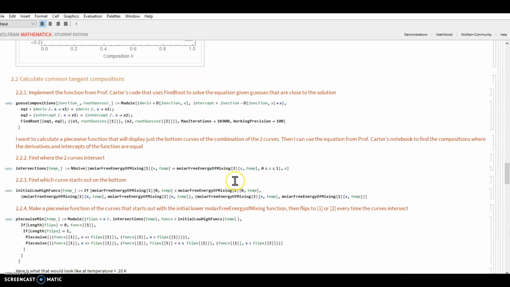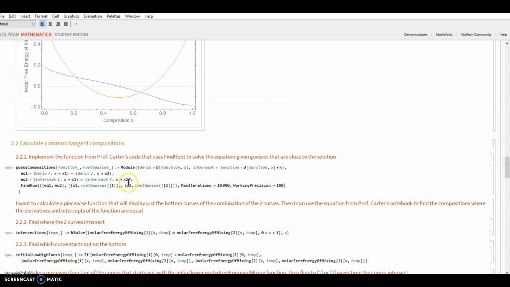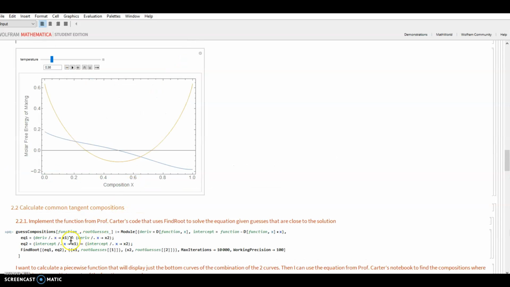So the interesting part of this problem is calculating the common tangent constructions. We can do this given some code inspired by Professor Carter's code, which takes in a function and finds 2 points on this function where the derivatives are equal and the y-intercepts of lines tangent to the points on this curve are equal.